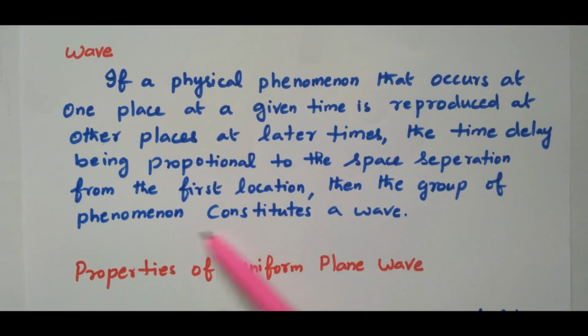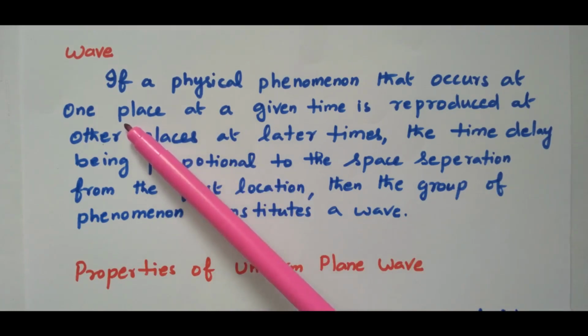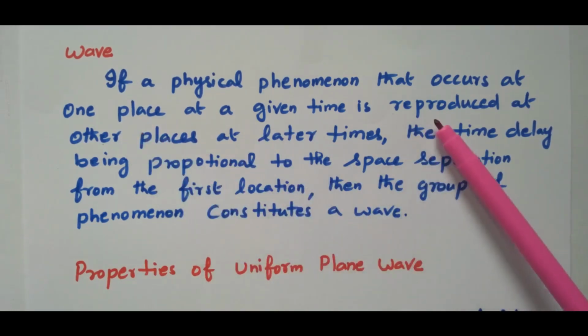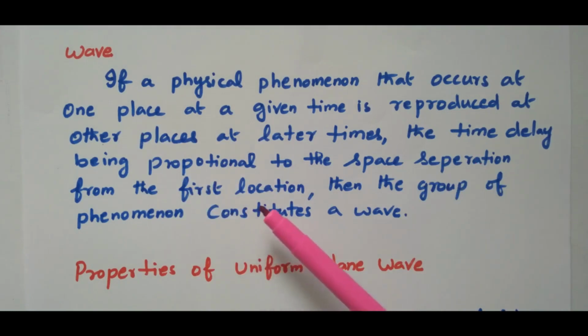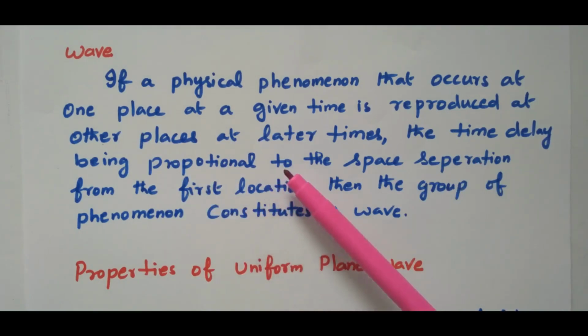Then the group of phenomena constitutes a wave. That is, it is produced at one place and reproduced at other places at later times. That is nothing but a wave. It travels from one place to another place.